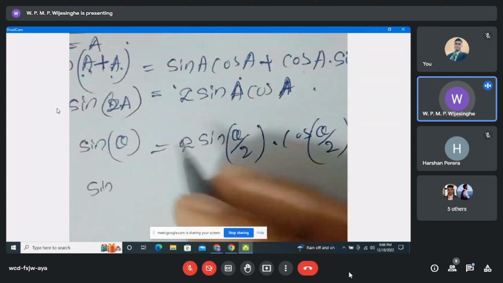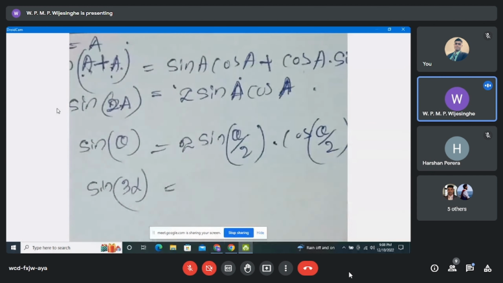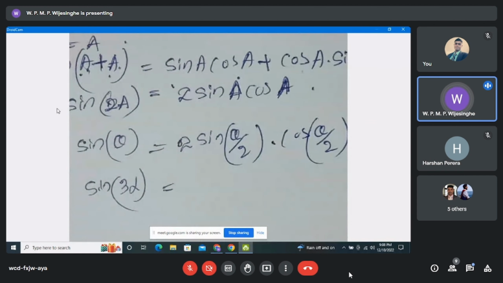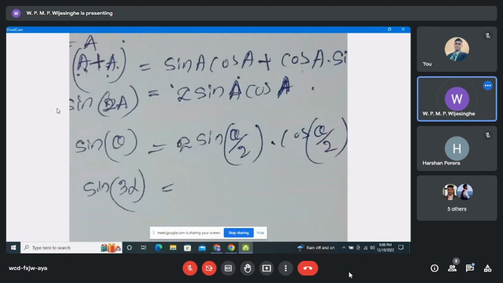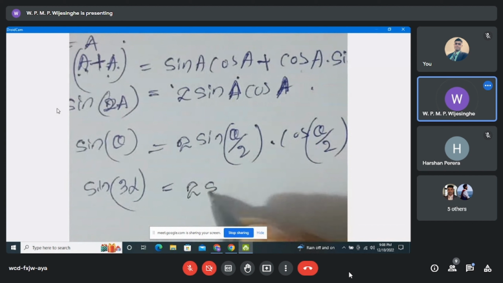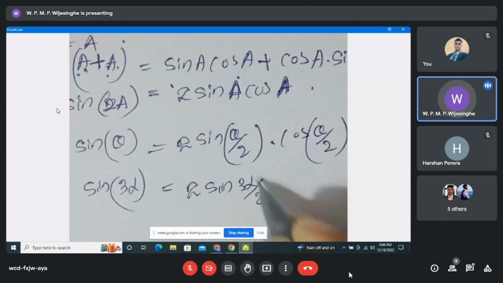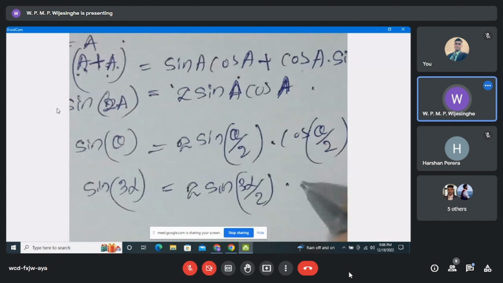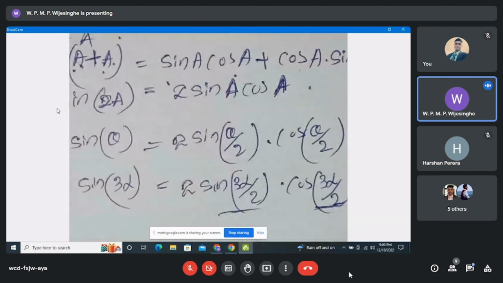Then sin 3 alpha. Write this by using half angle. Yes? We can write 2 sin 3 alpha divided by 2 times cos 3 alpha divided by 2. Both are the same, right?